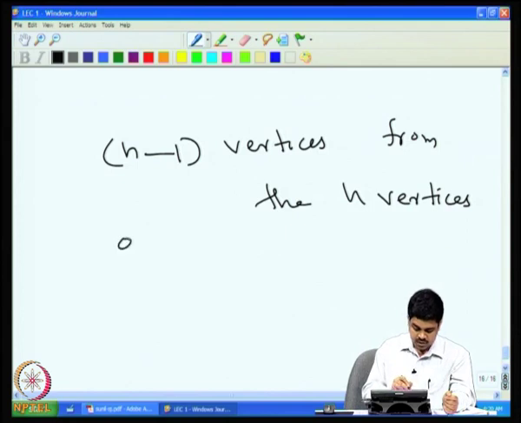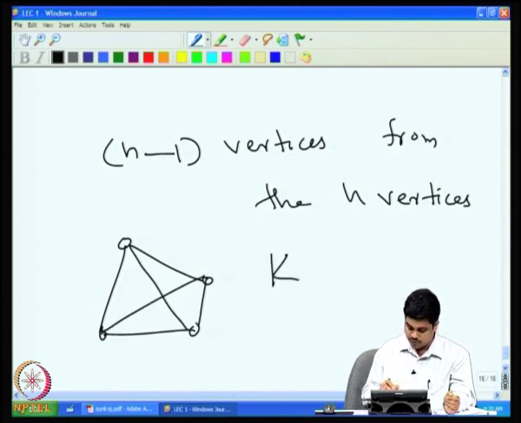For instance, let us say this complete graph is K4, the complete graph on 4 vertices. Now, if I take this one and this one, then you see that all the edges are covered.